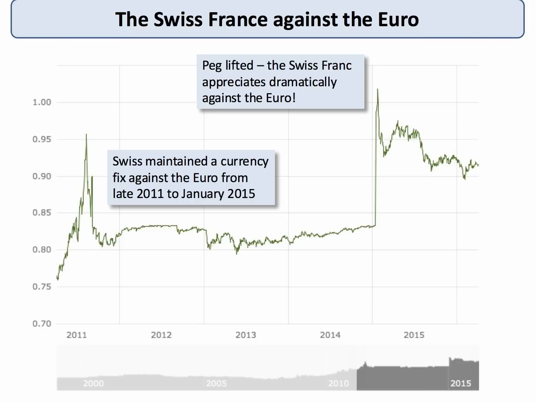There was strong pressure in the markets for the Swiss franc to appreciate against the struggling euro, and eventually the Swiss central bank decided to lift the cap on the Swiss franc, and as you can see what happened, pretty much immediately the Swiss franc went up quite significantly against the euro. It's fallen back a little bit since, but essentially it's gone up from 0.83 to about 0.92.